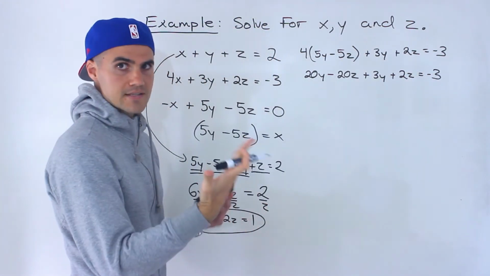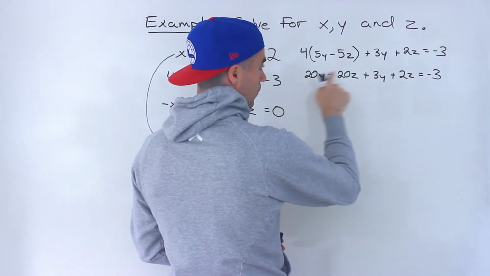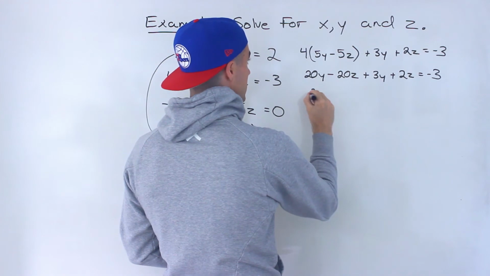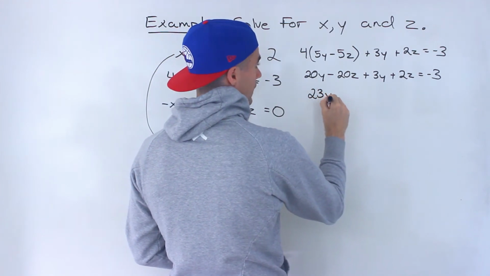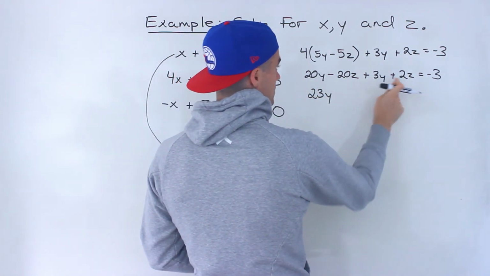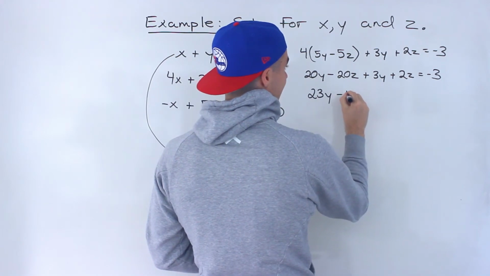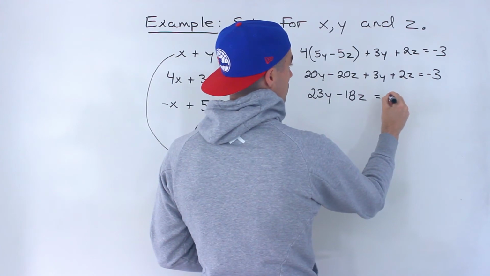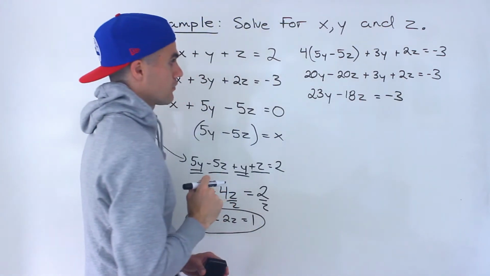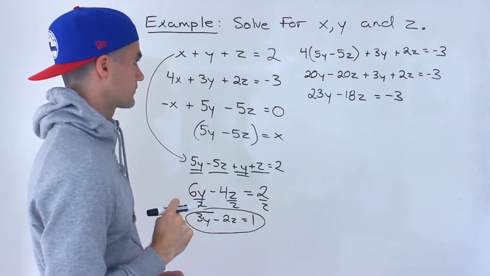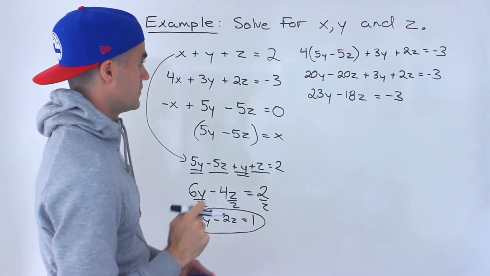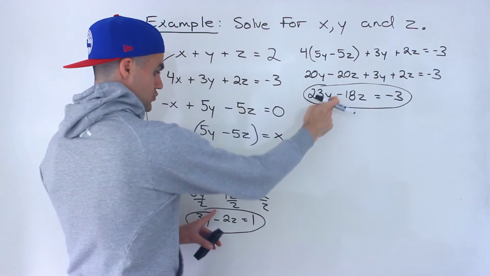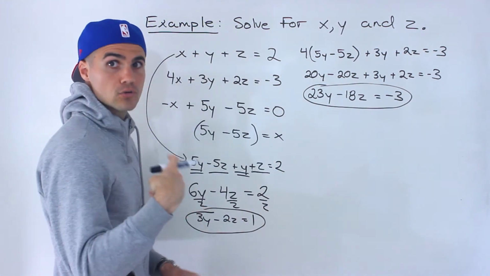And then simplifying all the like terms, 20y plus 3y would give us 23y. Then negative 20z plus 2z would give us minus 18z, and that's going to equal negative 3. All right, so now notice we have two new equations and only two unknowns.